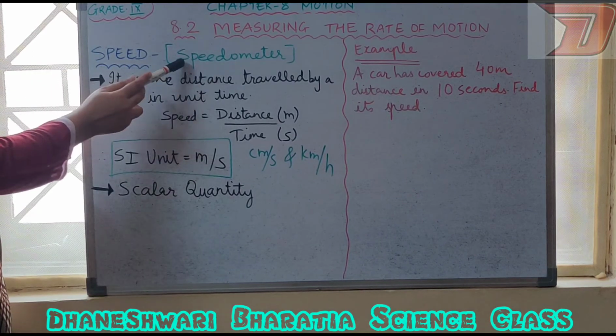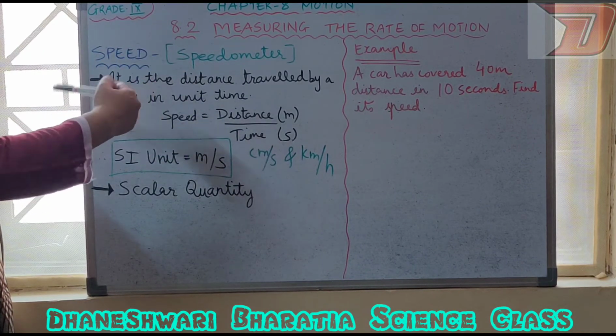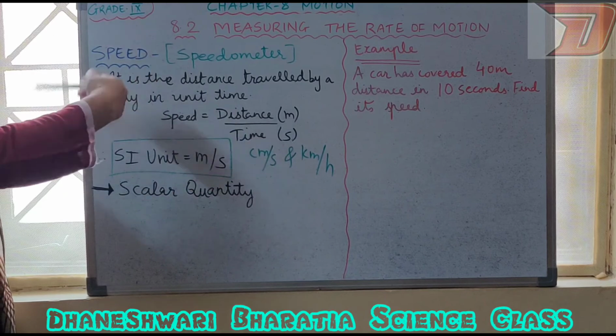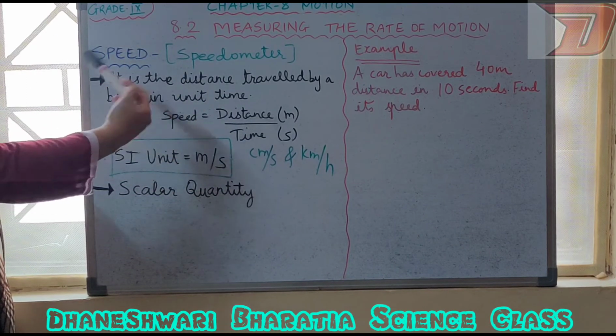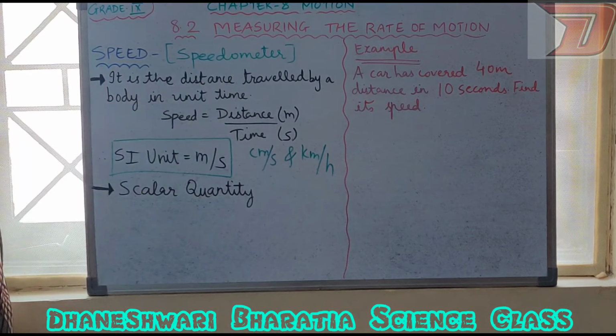We have already observed the speedometer in the vehicles, right, where that object is completely moving as per the speed of your vehicle, isn't it? If you have not seen it, you can have a look at the speedometer in your vehicle.